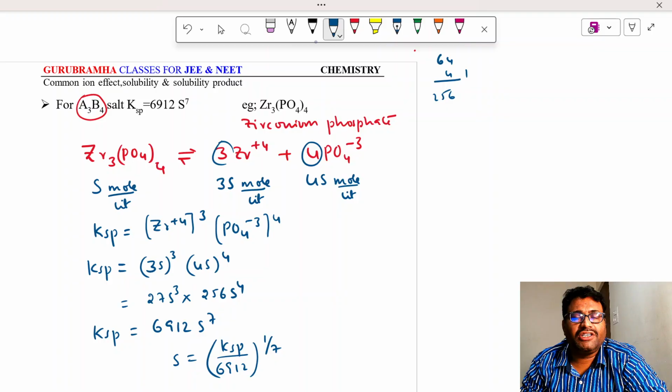Physical chemistry, once again I am saying that mathematical operation is involved. So there will be several steps involved. There will be formulae involved. Application of formulae is involved, right? Follow carefully. Then you will be able to understand. Then you will be able to solve problems on physical chemistry.